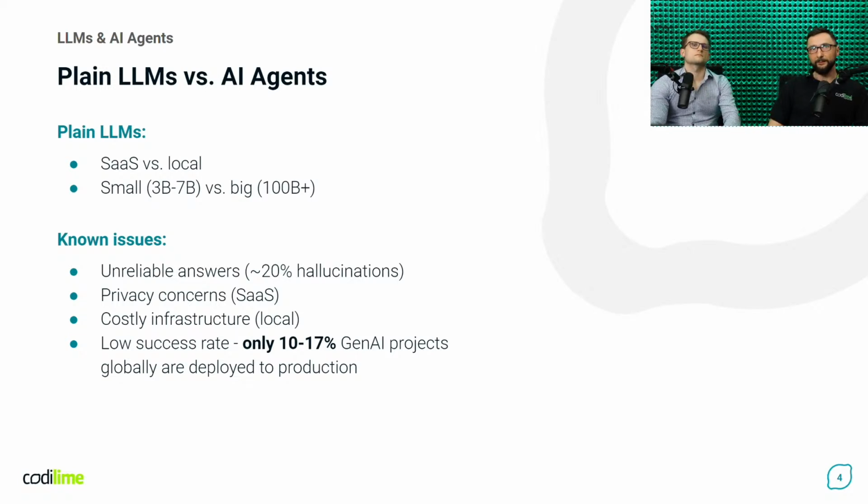And then you can also end up with a hefty infra bill while self-hosting LLMs. And by the way, on self-hosting LLMs, we have very good additional material, which we will link under this video, so make sure you check it afterwards. It all leads to the low success rate of GenAI projects last year. We are talking about only 10 to 17% of globally deployed projects making it to production.